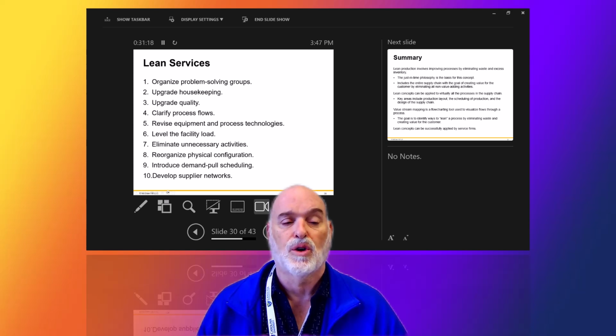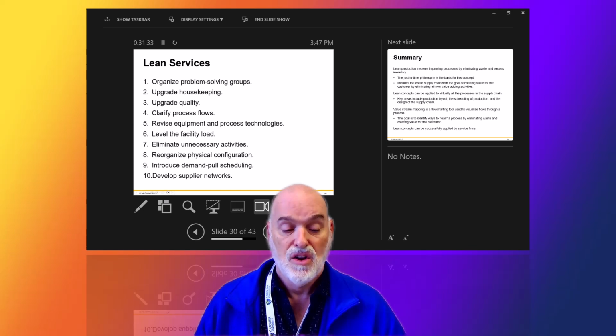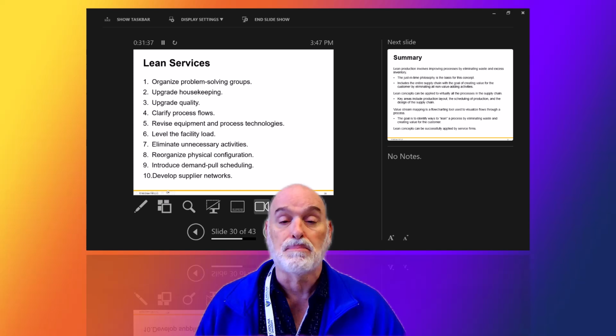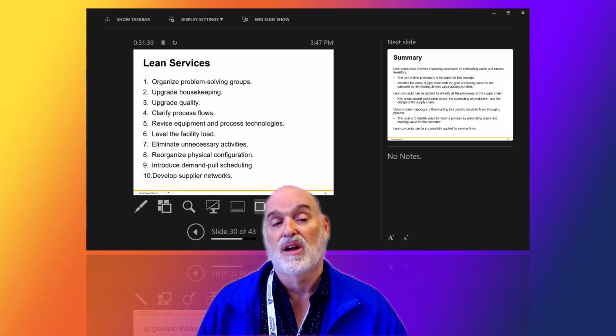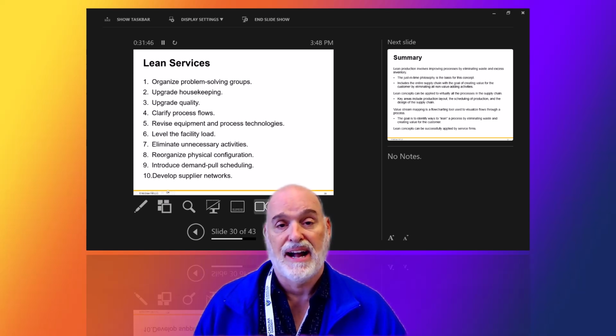Lean services include organized problem-solving groups, upgrade housekeeping, upgrade quality, clarify process flows, revise equipment and process technologies, level the facility load, eliminate unnecessary activities, reorganize physical configuration, introduce demand pull scheduling, and develop supplier networks. These are all lean services that help for efficient manufacturing or production operations.